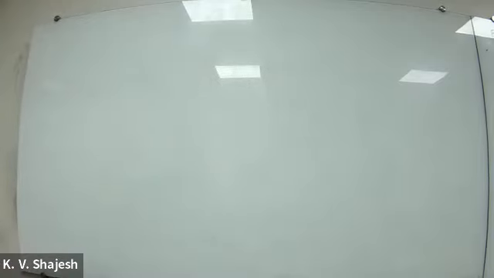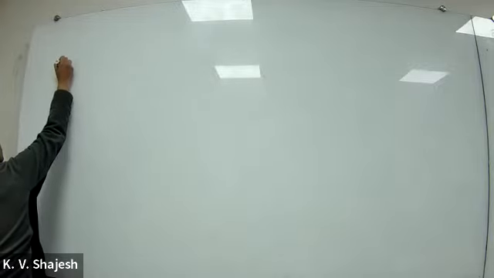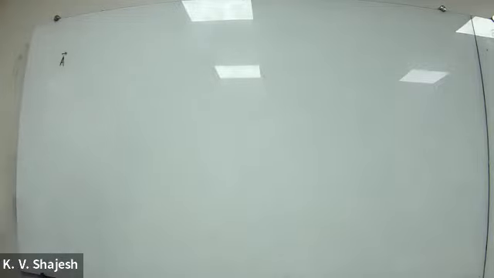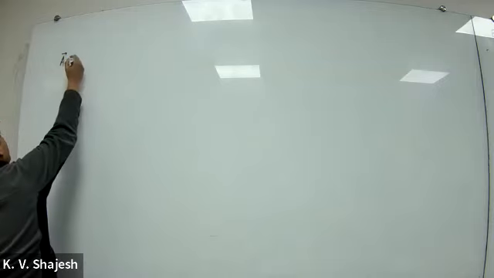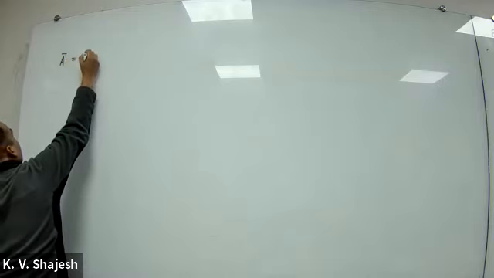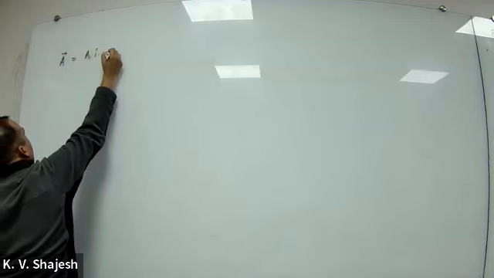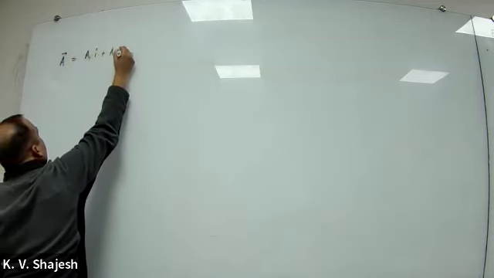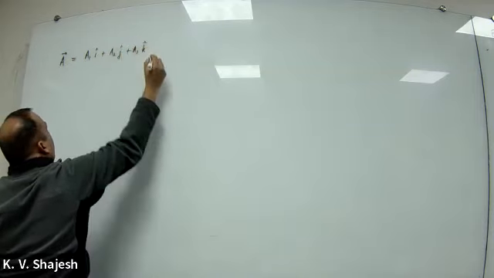So vector A, any random vector. Now we're talking about a vector, not even a vector field. If we are working in ijk, we often write this as A1 i hat plus A2 j hat plus A3 k hat.